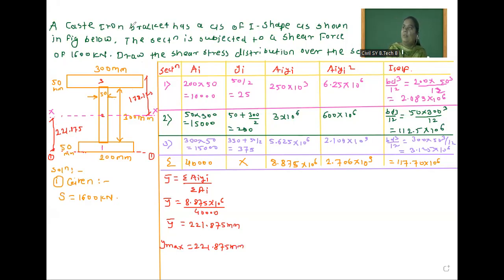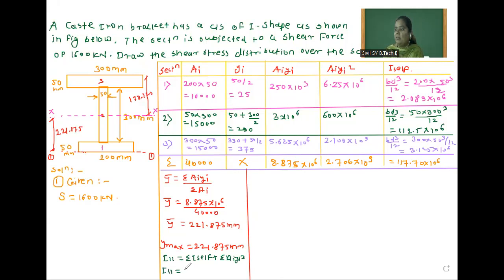Next, we have to calculate moment of inertia about the base. So we will find here I11. What is the equation? I11 is equal to summation of I self plus summation of AIYI square.